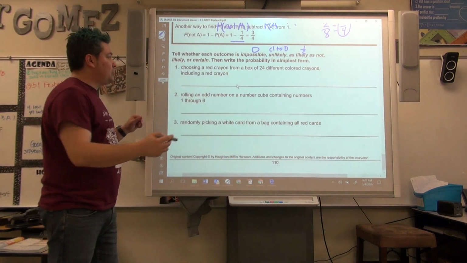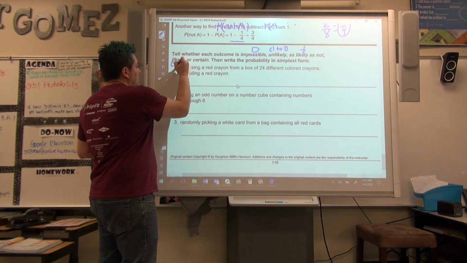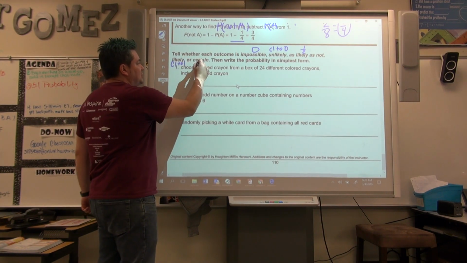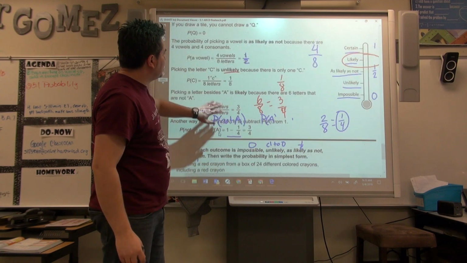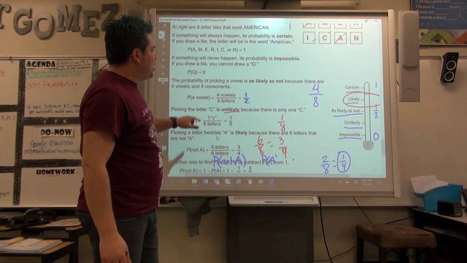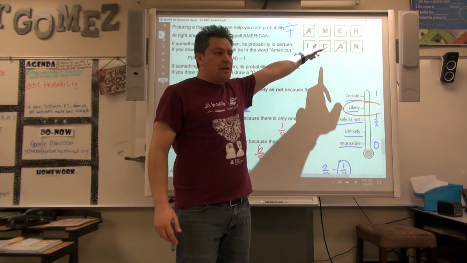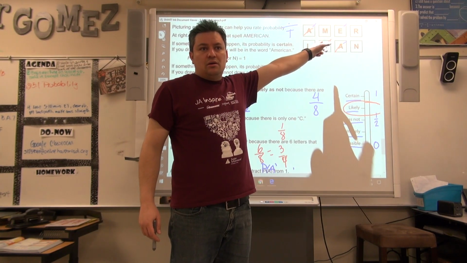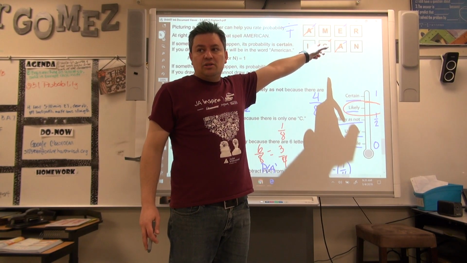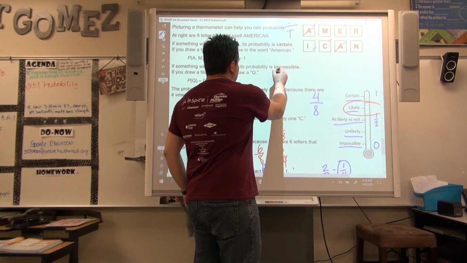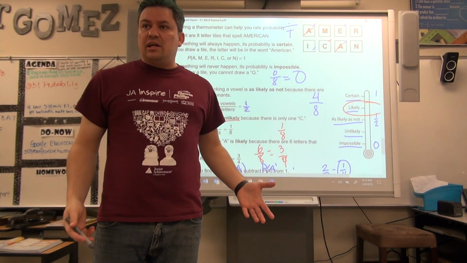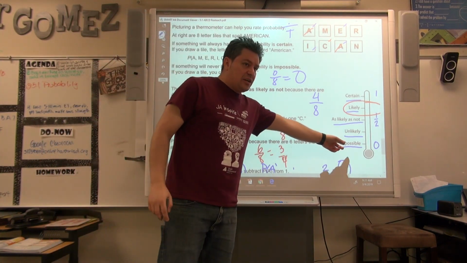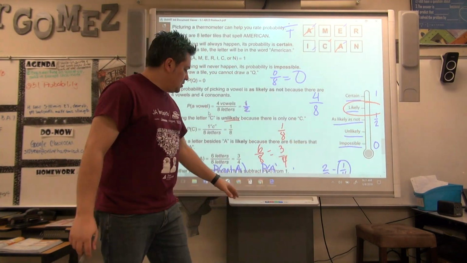Likely is close to 1, and certain is 1. I think I missed an example right here. What is the probability of getting the letter Q? Where's Q? Is there a Q in there? No. So it'll be 0 out of 8, which is 0. So it's impossible. You cannot get the letter Q out of those cards.